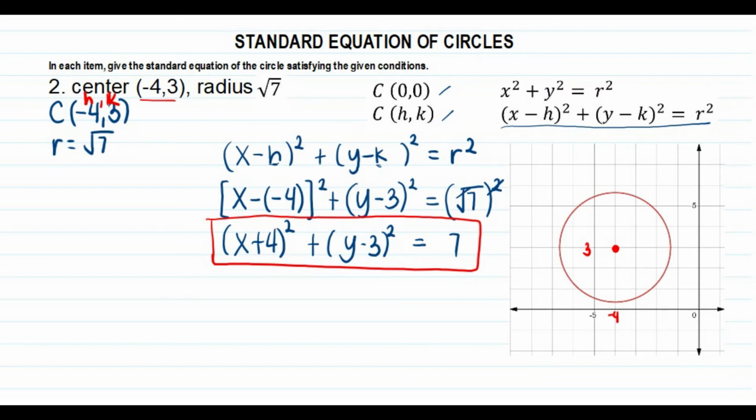And now, this is center at negative 4, 3. And lalagay lang natin yung equation. This is the graph of the squared of x plus 4 plus the squared of y minus 3 equals 7. And that's how you graph the standard equation of the circle given the second condition.